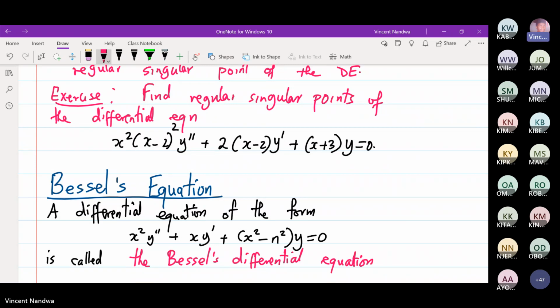And a particular solution to this differential equation is called Bessel function of order n.